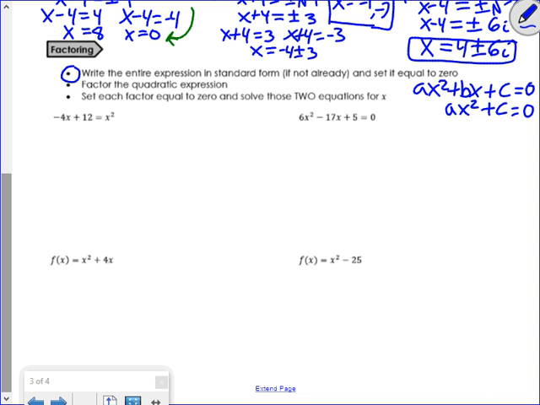Like for this first one right here, is this written in the correct order? No. The x squared is misplaced. Where should the x squared be? Right here in front. How do I fix this? I can't factor this as it is right now.